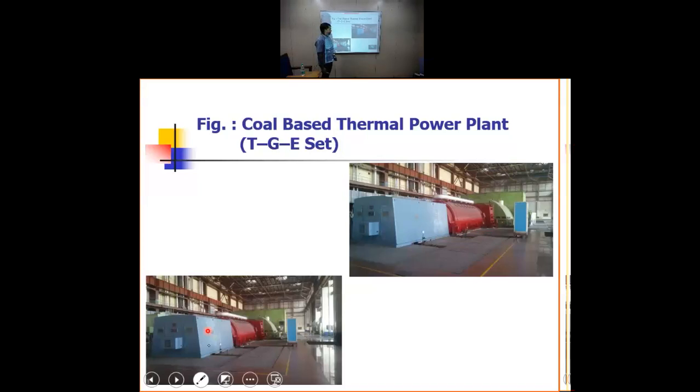So you can see the input output diagram, and from the bottom side of the generator, the three-phase power output is taken. The floor that you have seen is at the level of the fourth or fifth floor of a common building, because at the bottom there are auxiliaries: BAP, CEP, then your economizer.